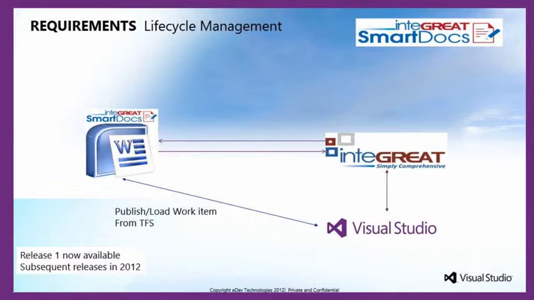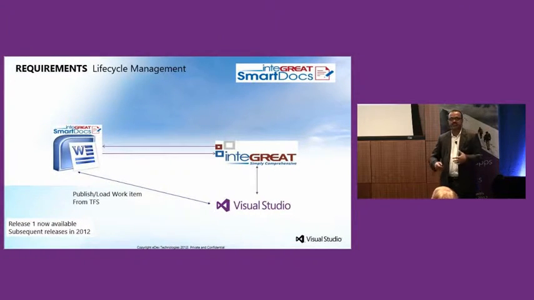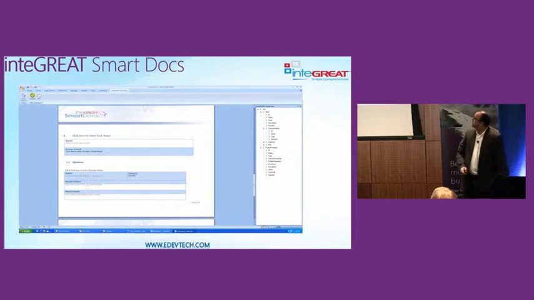So that's a very exciting project that we started about a year ago, and now we are starting to see its fruits. All right, so that's just a SmartDoc preview there.